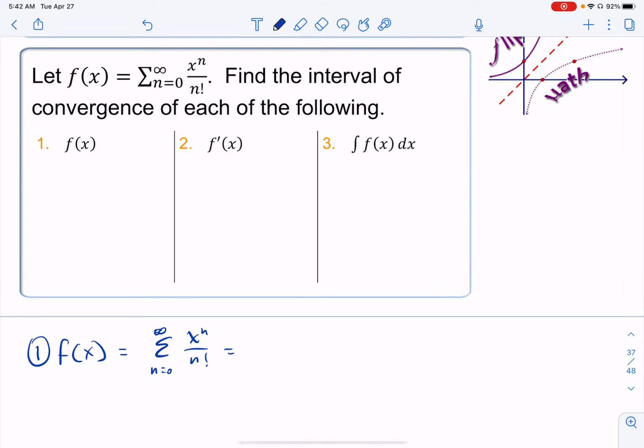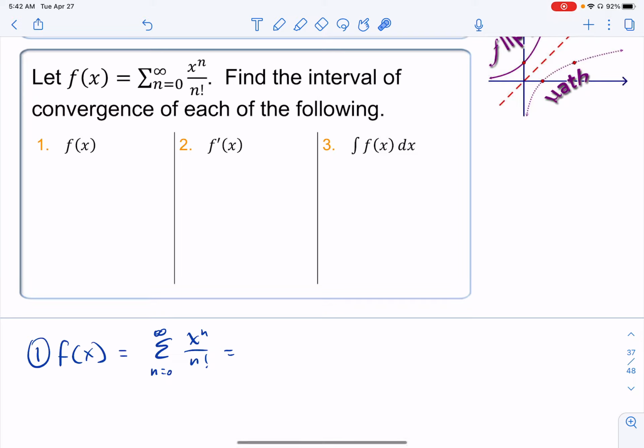If I were to stick in a 0 here, I have x to the 0 power, 1 over 0 factorial, which is 1, so we have a 1, plus plug in a 1 here, x to the first over first factorial, x, plus plug in a 2, x squared over 2 factorial, plus x to the third over 3 factorial, and so on. Plus x to the n over n factorial, and then we'll keep going.